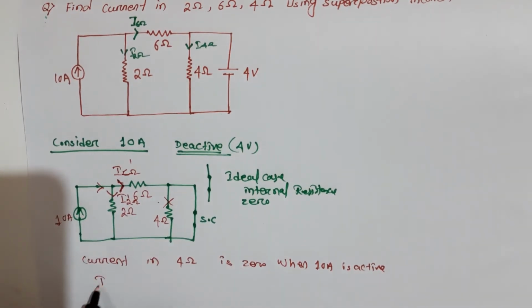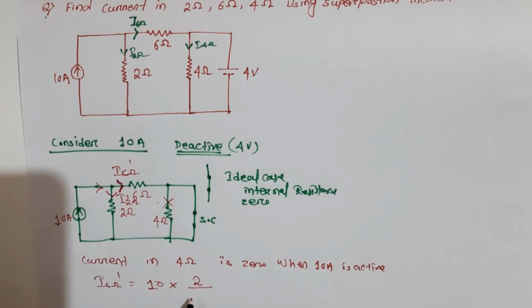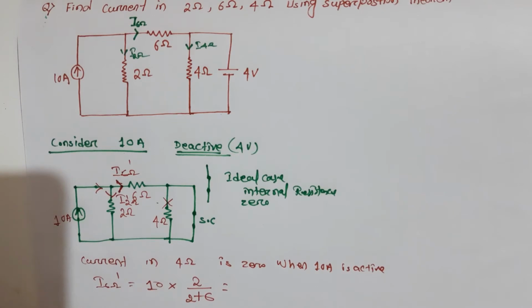I in 6 ohm dash is equal to, here we apply the current division rule: the total current 10 times the opposite resistance, which is 2, divided by 2 plus 6, which equals 2.5. So the current in the 6 ohm is 2.5 ampere.